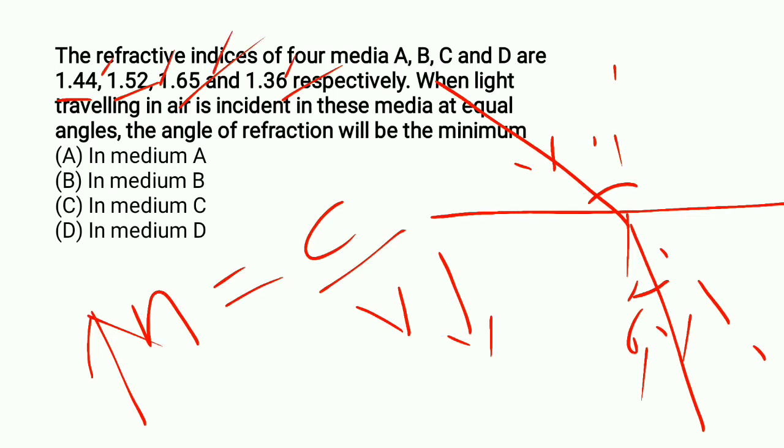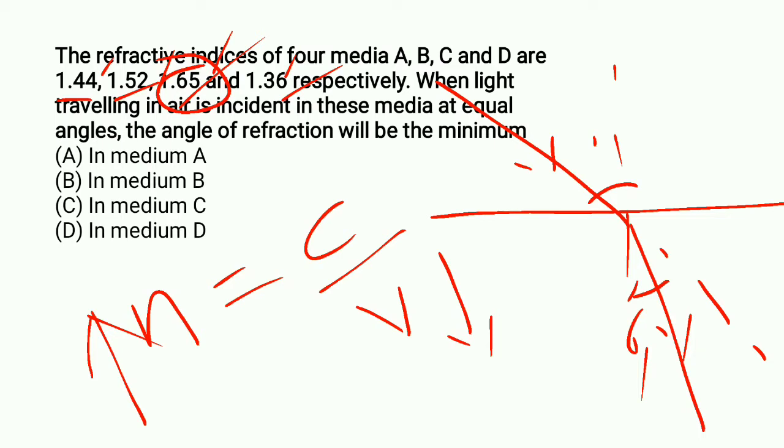These are all refractive indices. We know the relation: whenever the refractive index is high, the speed of light decreases. Here 1.65 is the highest refractive index among all the media, so the speed of light is minimum. This means the refracted ray bends most towards the normal, as light travels from rarer to denser.